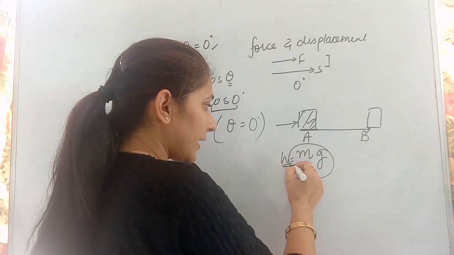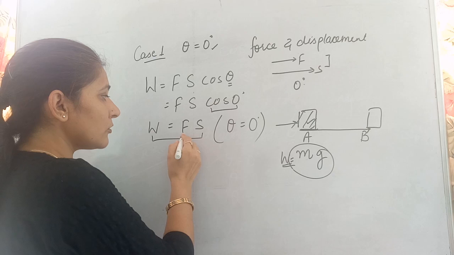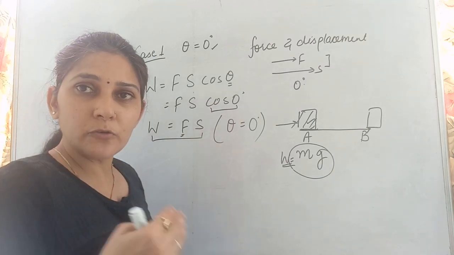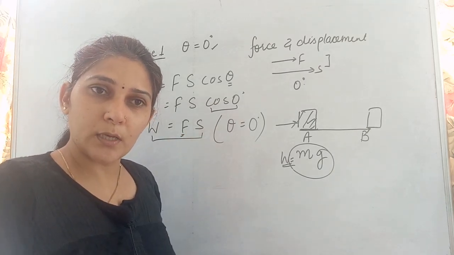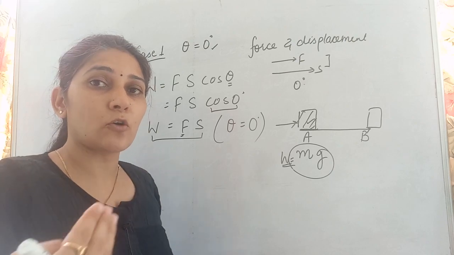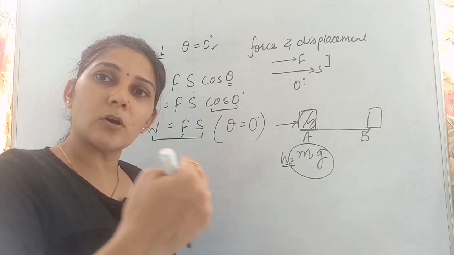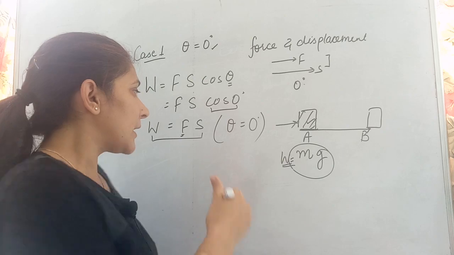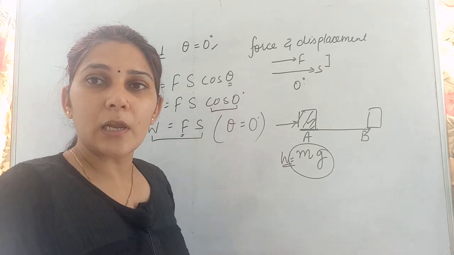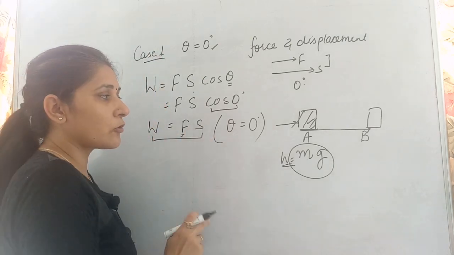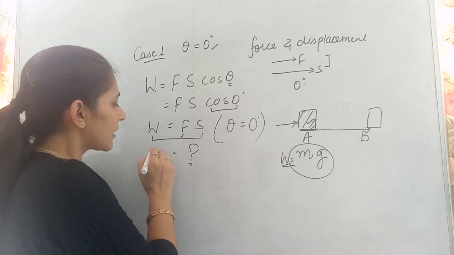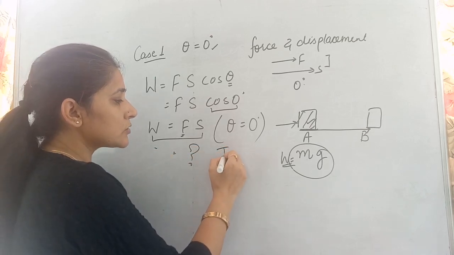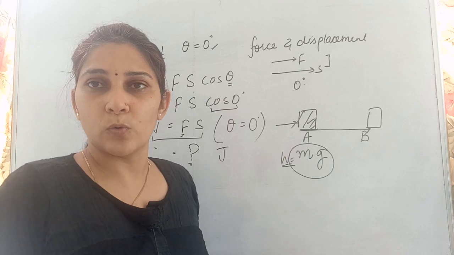Weight itself is a kind of force. So it depends on the force. Which force are we talking about here? We are talking about the force of gravity, or the force applied by us. Depending on that, we calculate the value of F, place the value of S, and get the work done, and the unit in which we get the value is joule.